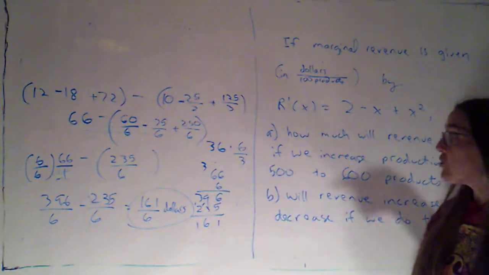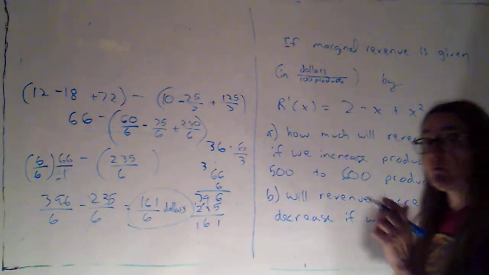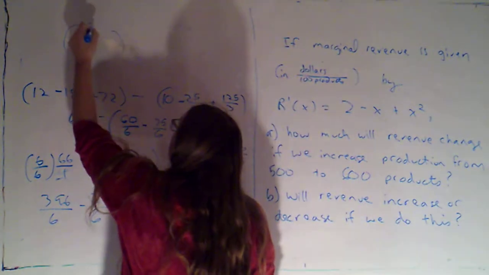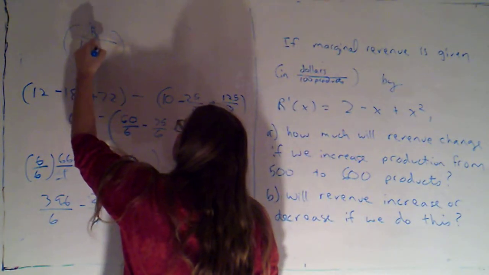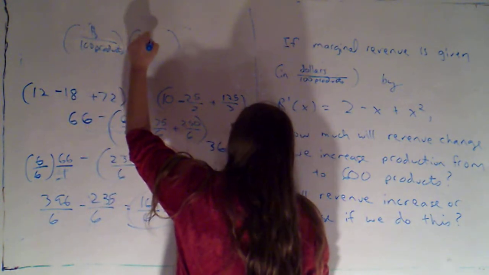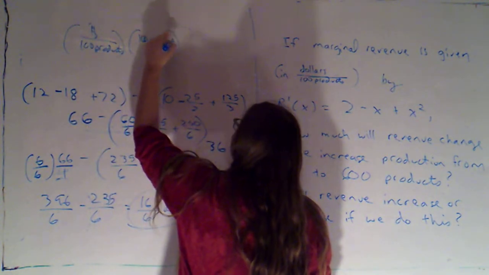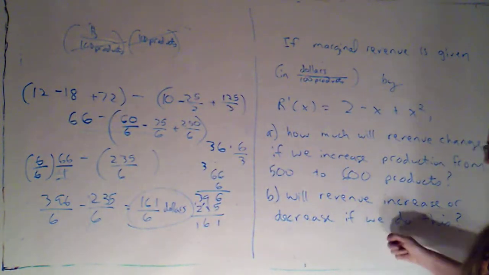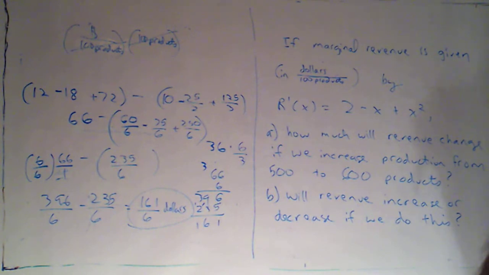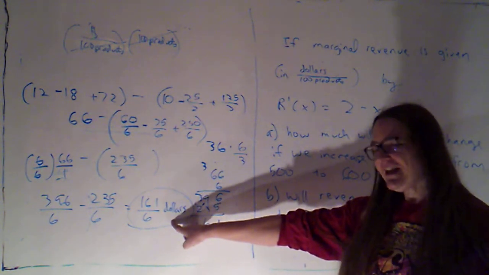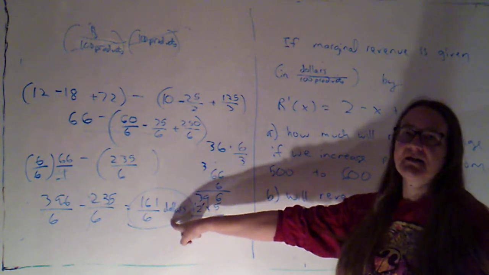And if I'm not sure, I can always get that by saying we were integrating R prime of x, which we were measuring in dollars per 100 products, with respect to x, which we chose to measure in hundreds of products, so that that would cancel and just give us dollars. And then the second part was, will it increase or decrease? Well, is that a positive or a negative number? It's positive, so revenue is going to increase by that amount.